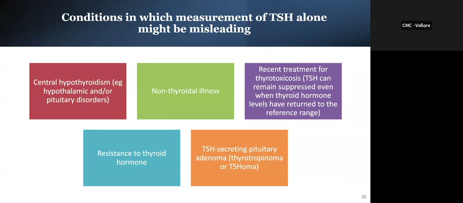Please don't repeat a TSH after 6 weeks or 12 weeks or 6 months, because the thyroid TSH axis takes a longer duration to go back to normal. So if you are starting carbimazole or propylthiouracil, you have to follow up with the T4 levels. And in our setup, the T4 comes as free T4. If you have a T3, better not to do that, because it is a very notorious test with a high coefficient of variation, where it fluctuates to a greater degree.